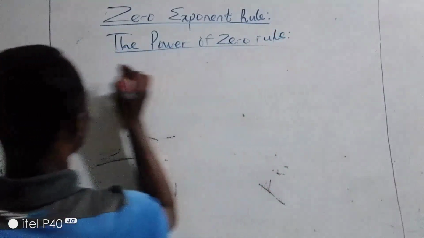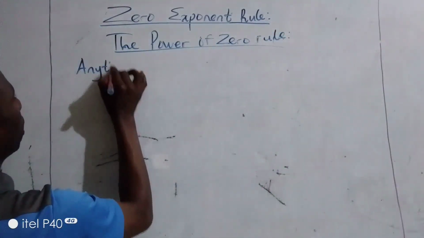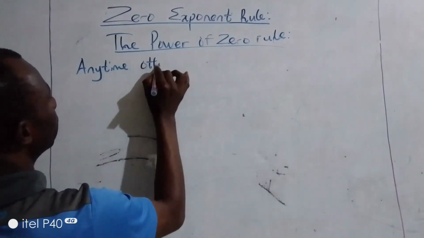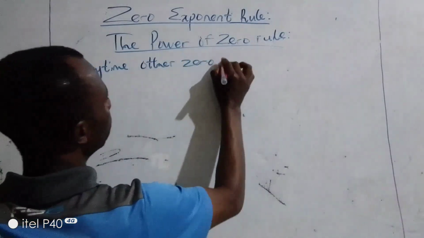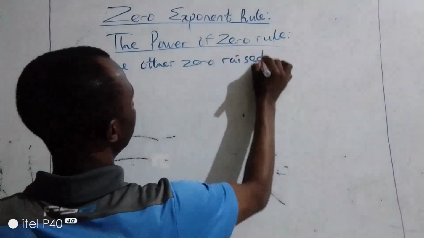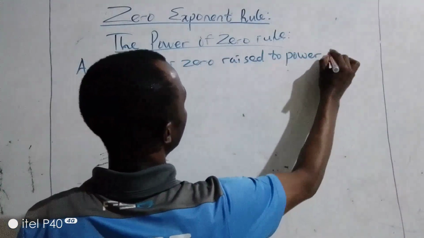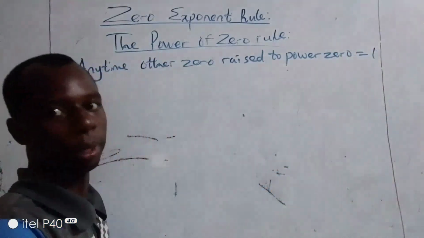It means that anything other than zero itself raised to power zero will be equal to 1 in mathematics.